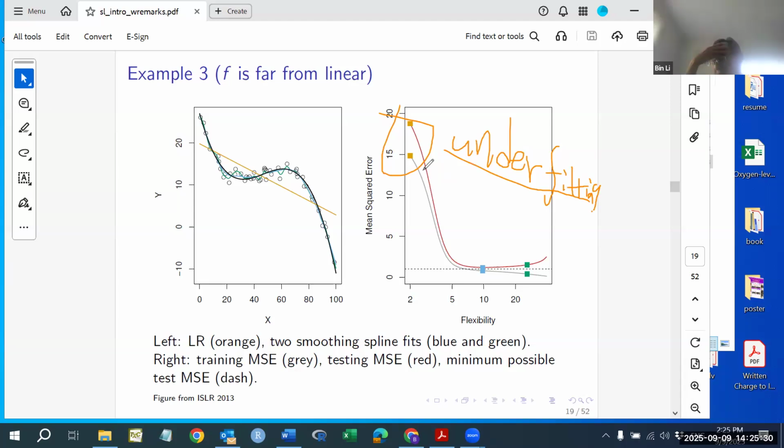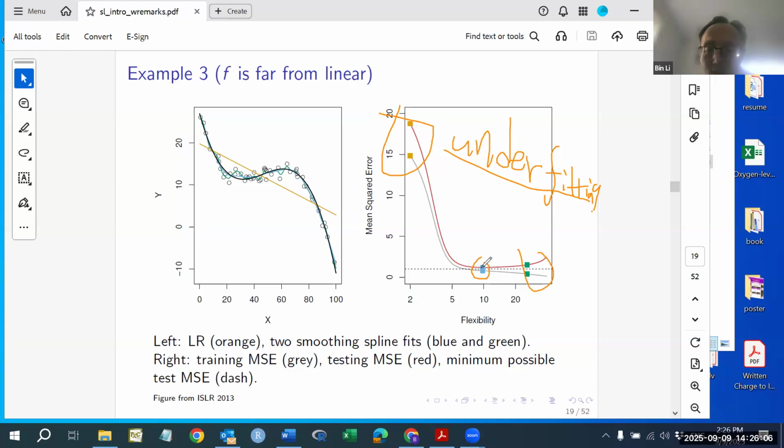That means the model is too simple to catch the underlying F. Overfitting is too flexible, too complicated to fit the F, which is actually not fitting the F, but fitting the Y. But underfitting means the model is too rigid, too simple to catch the underlying true function F. Okay, so this is underfitting, this is overfitting, and the blue one is the right model.